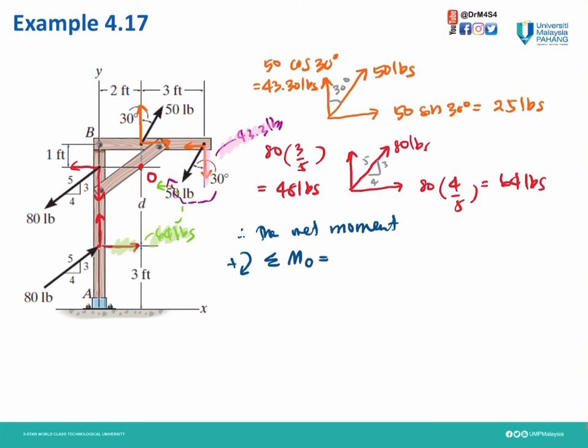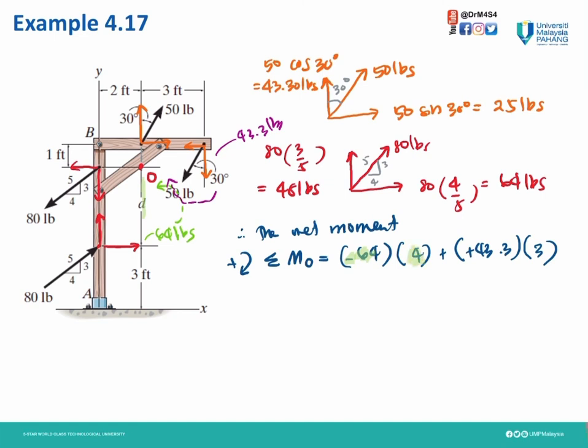And please remember, positive is clockwise about point O. So for the 64, about point O it is anti-clockwise, so it will be negative. While for the 43.3, about point O it is clockwise, so it will be positive. That means negative 64 times the perpendicular distance D, which is mentioned there as 4 feet.